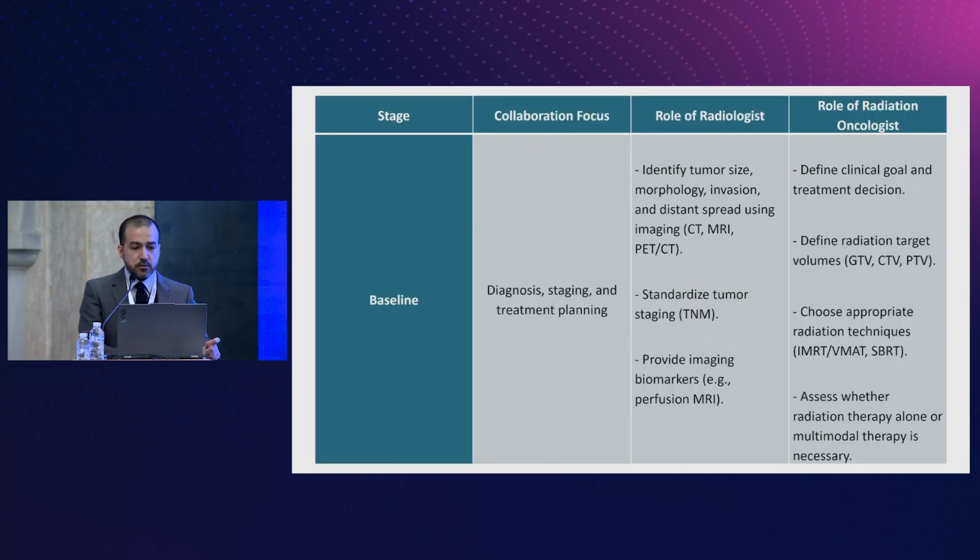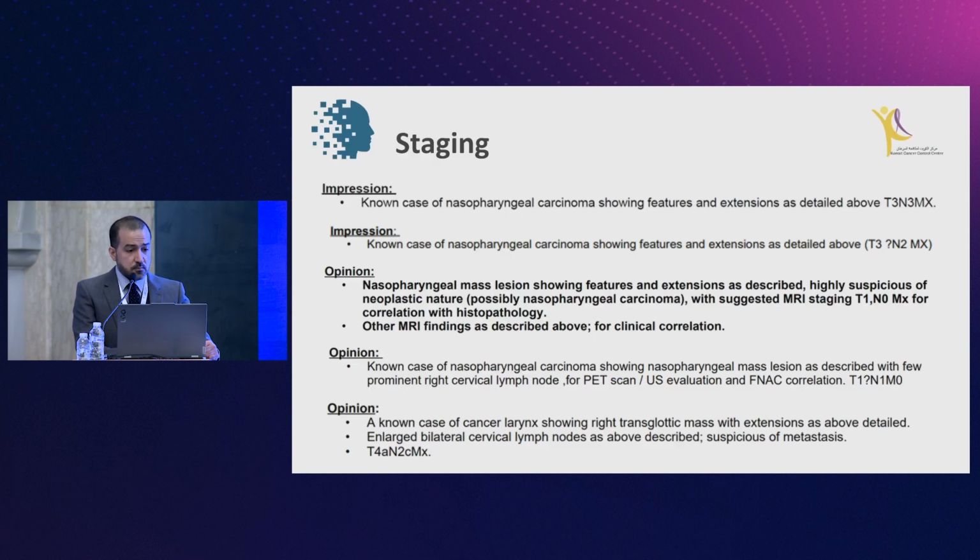When we talk about baseline, this is just a highlight. We talk about diagnosis, staging, and treatment planning. The radiologist's role helps in identifying the tumor size, morphology, and the extent of the disease. It helps in standardizing the staging for us as radiation oncologists.